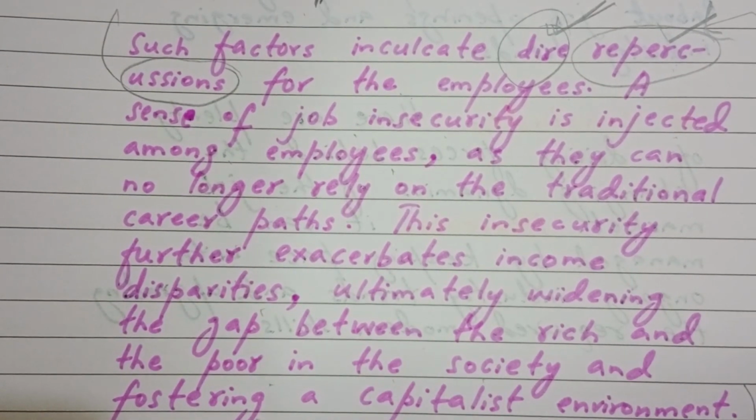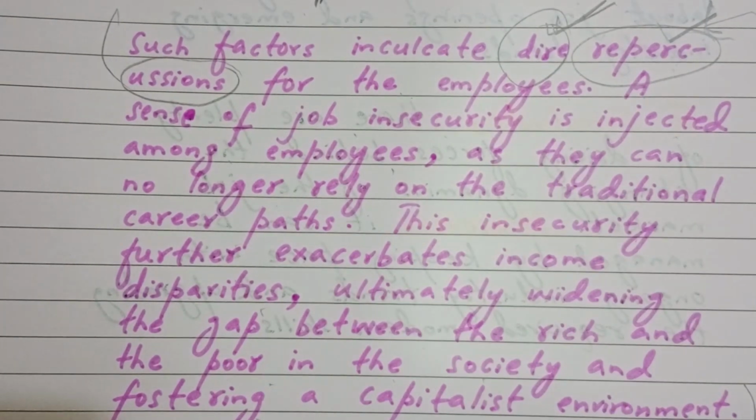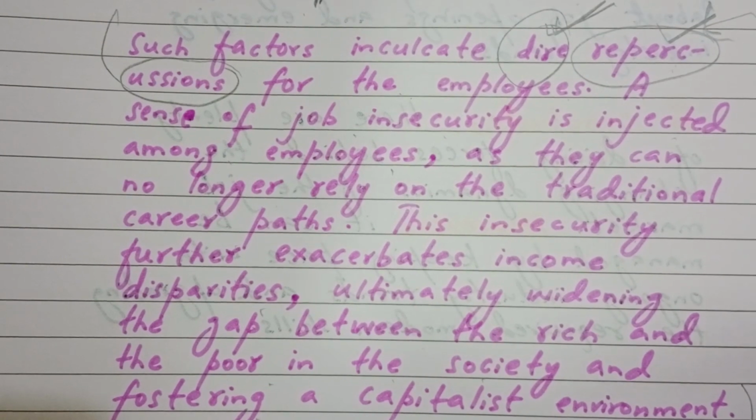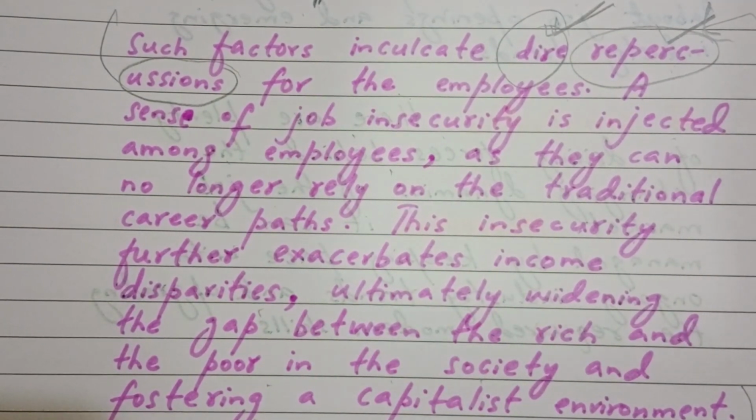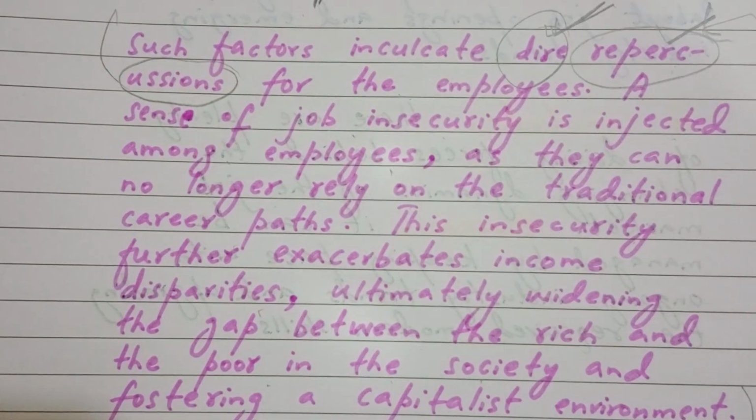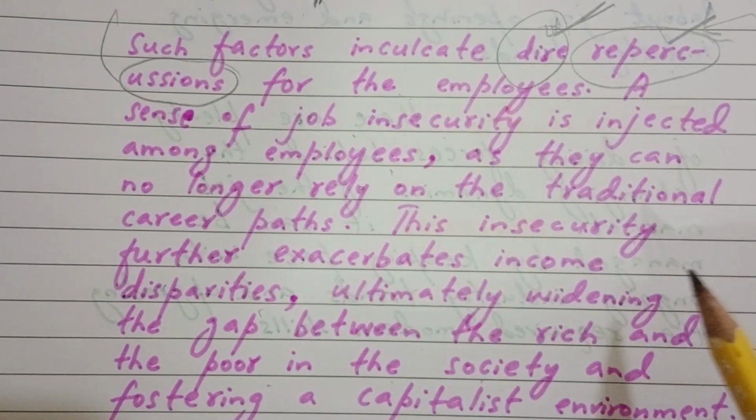Now when you use these types of words and this type of knowledge in your IELTS writing task, it hints to the examiner that the candidate is well versed with the topic, or well versed with the trends in the job market. Now let me explain it to you.